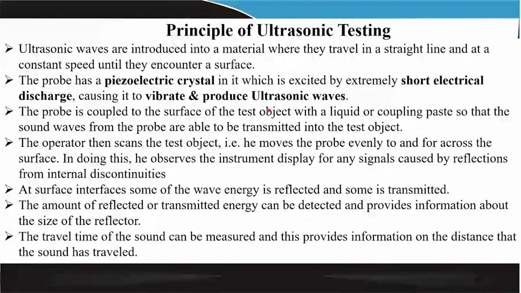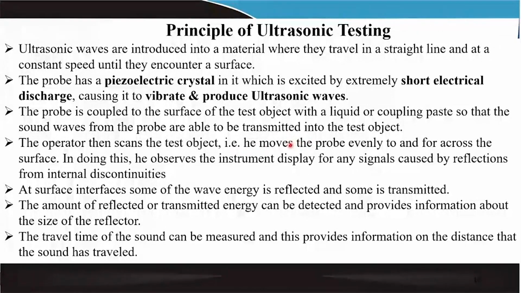It is coupled to the surface of the test object with a liquid or coupling paste, so that the sound waves from the probe are transmitted very easily into the test object. Then the operator scans the test object, moving the probe, rastering it over the surface, and at interfaces some of the wave energy is reflected and some is transmitted.